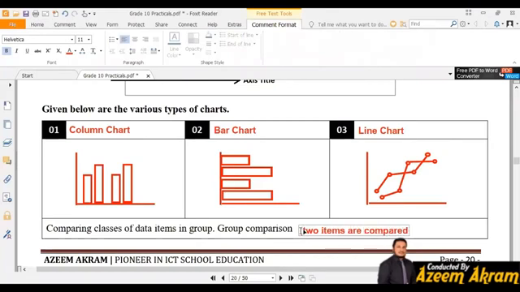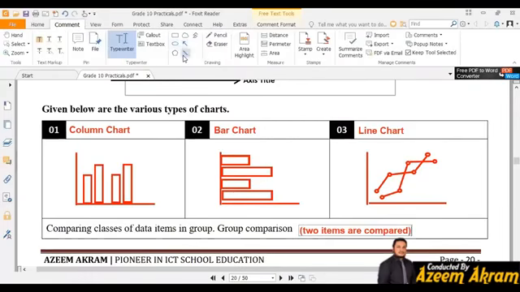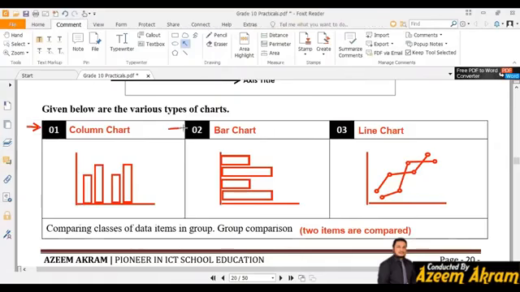Two items compared is basically either a column chart, a bar chart, or a line chart. So always remember, what are the two preferred charts?